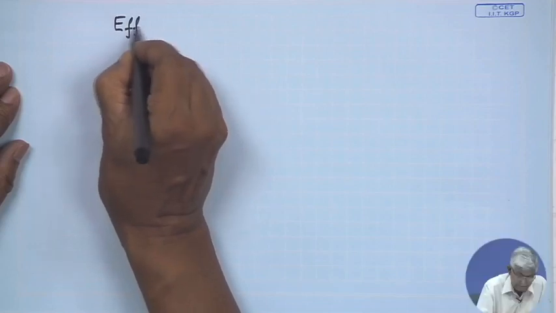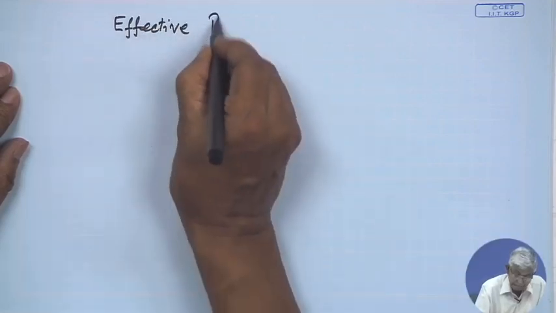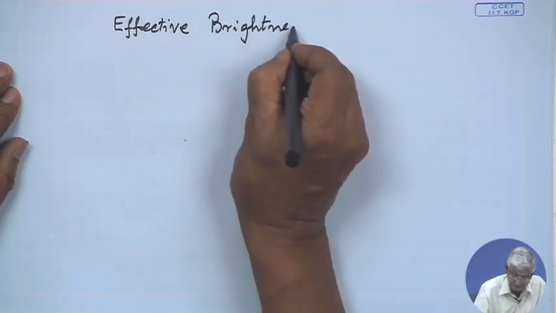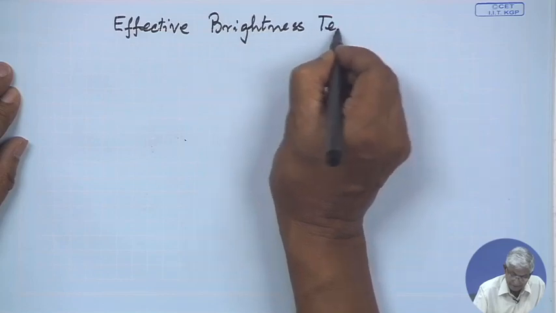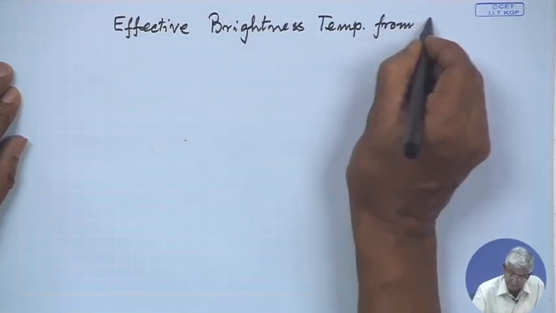Now, we can call this background noise the effective brightness temperature from the sky.